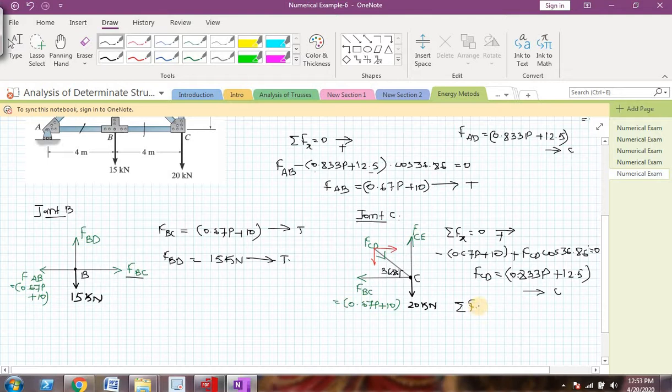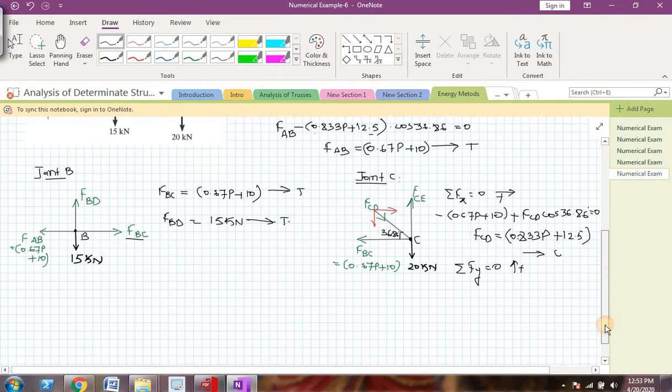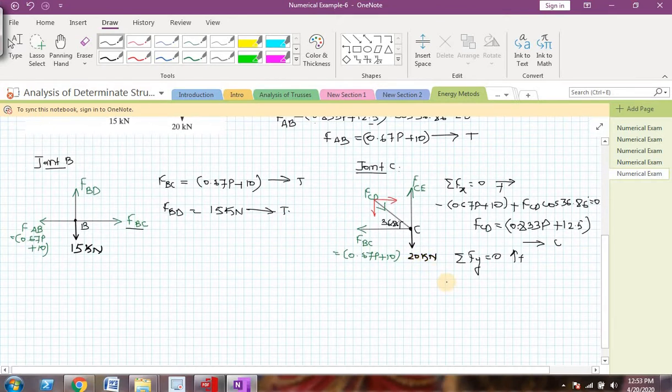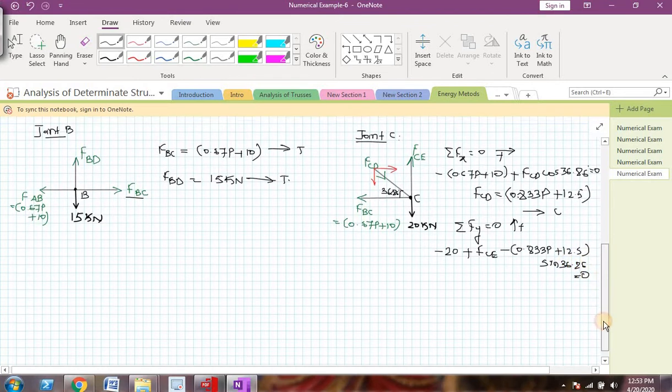I will apply the next equilibrium equation, summation of Fy equal to 0. All the forces in the upward direction as positive. 20 is downwards, so I should write it as minus 20 plus FCE, and this will be minus FCD, but I already know the value of FCD, 0.833P plus 12.5, sine of 36.86 equal to 0.